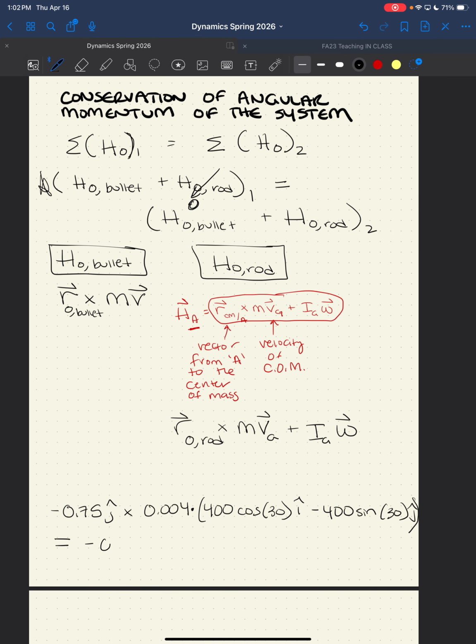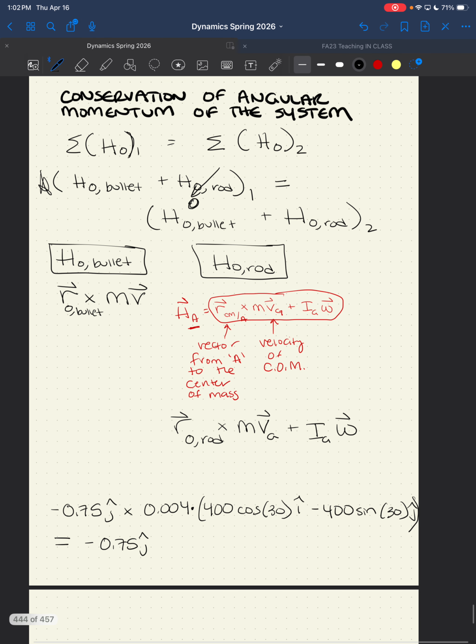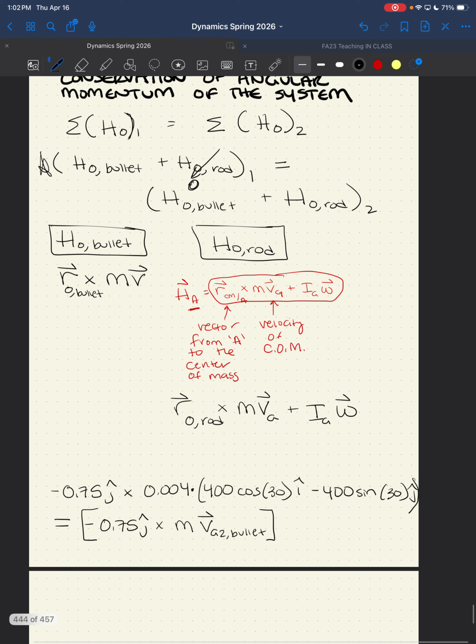Yeah, so we want to do the vector from, we're looking for the center of mass of the rod, right?